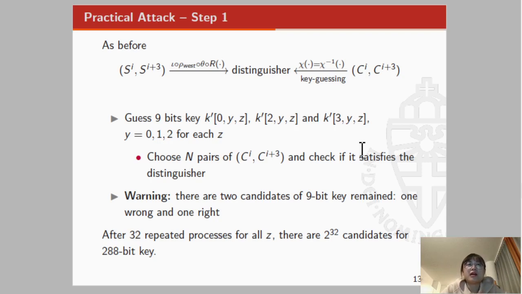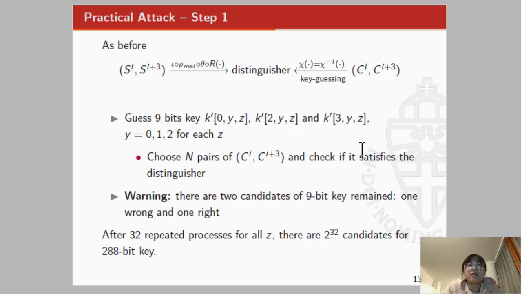And the whole attack can also be divided into 32 independent parts according to the value of z. For each z, we can choose many pairs of output CI plus 3, and check if all pairs satisfy the distinguisher.